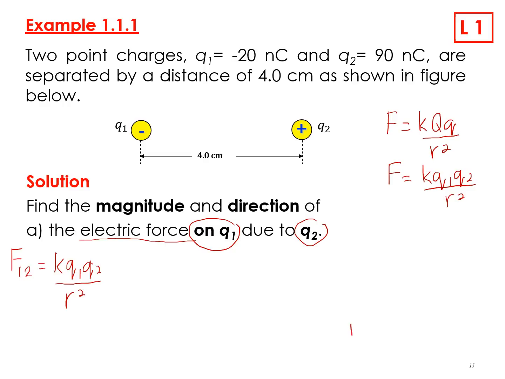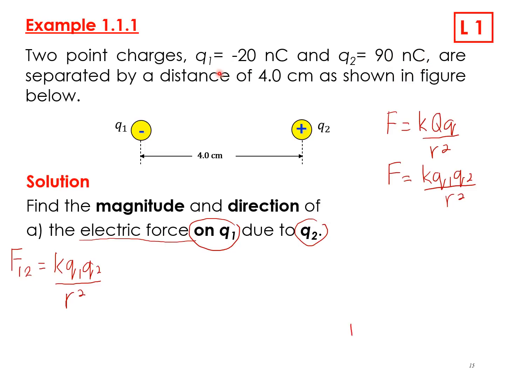Roughly we know that we have two types of charges. Q1 is negatively charged and Q2 is positively charged, separated by a distance of 4 cm. The magnitude of Q1 is negative 20 nanocoulomb, where nano is the prefix and coulomb is the unit of charge, and Q2 is 90 nanocoulomb.